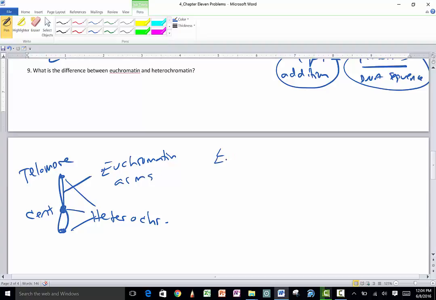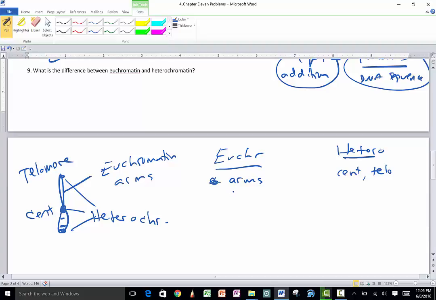I don't know if I can remember everything that was in that little table, but get the general gist. Location-wise, euchromatin is in the arms, and heterochromatin in the centromeres and telomeres. Now you can have heterochromatin dispersed throughout the arms as well, but we're just talking about the main, super obvious differences.